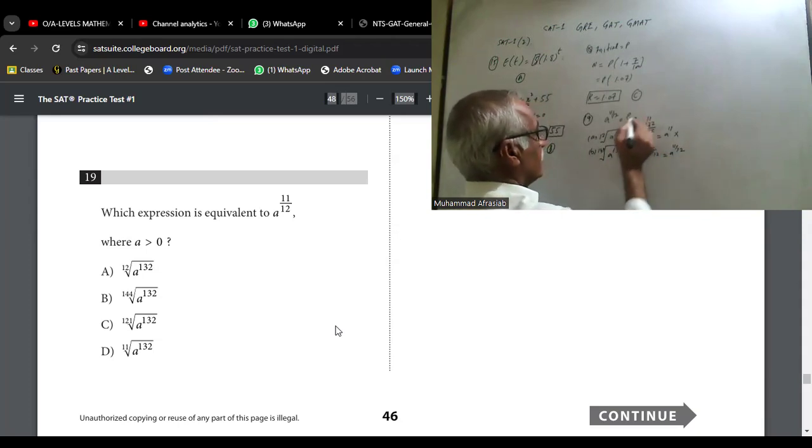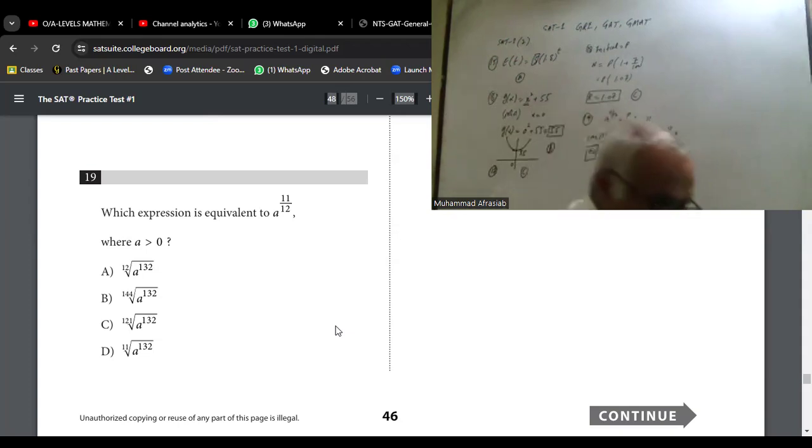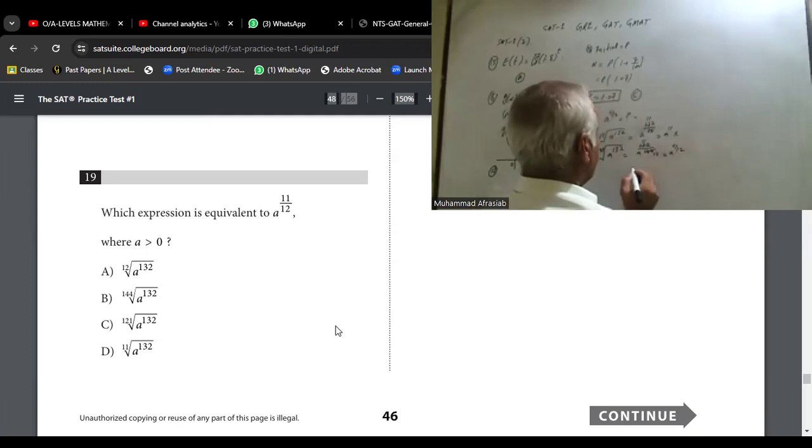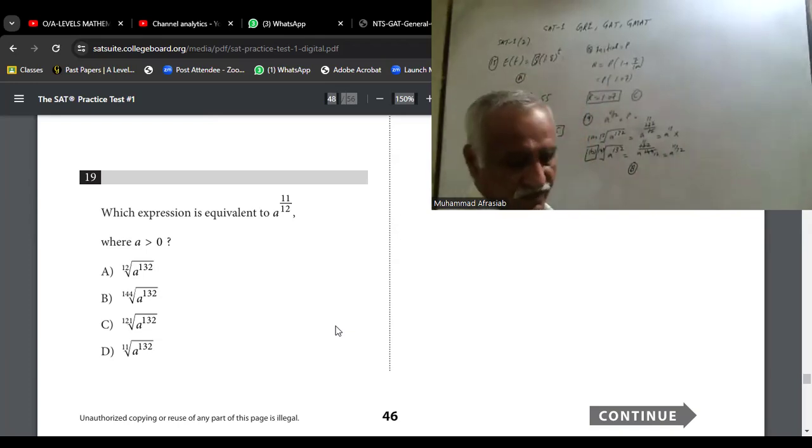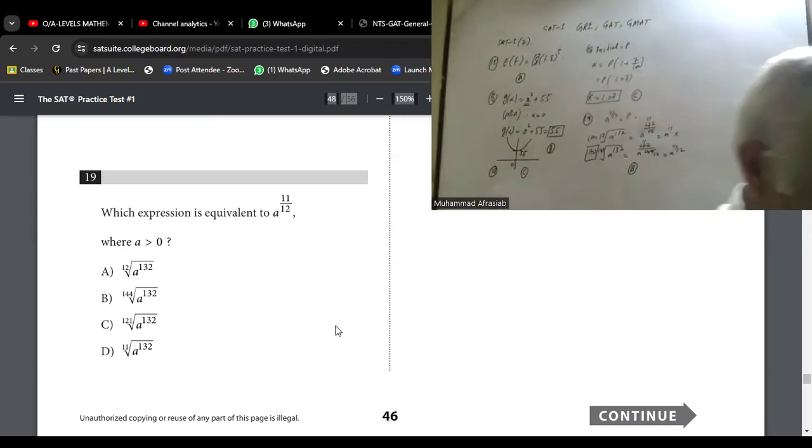So this is choice B. So the answer for this is B. We will not check the rest because it is equal to a to the power 11 over 12. Question number 20.